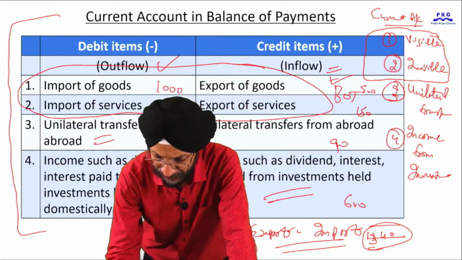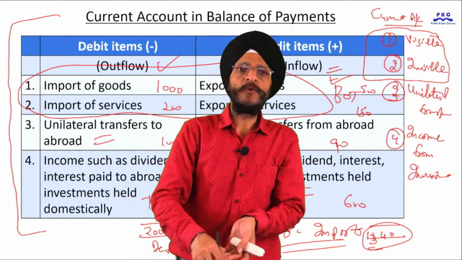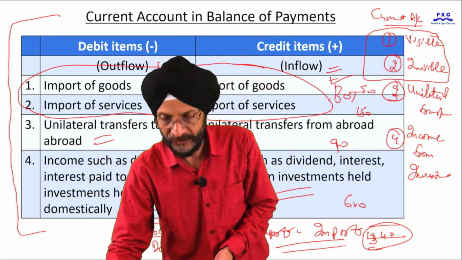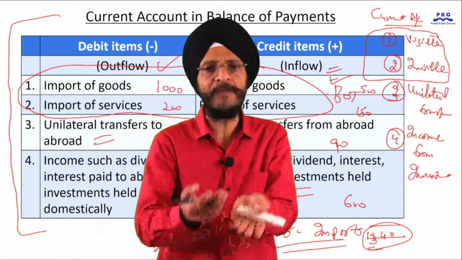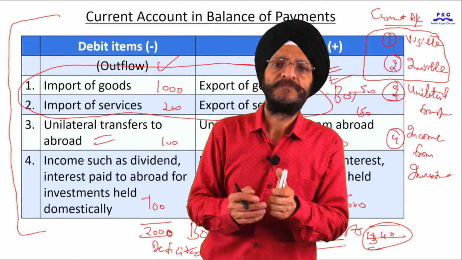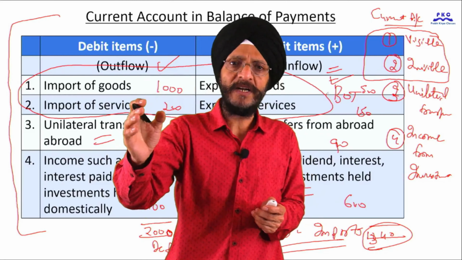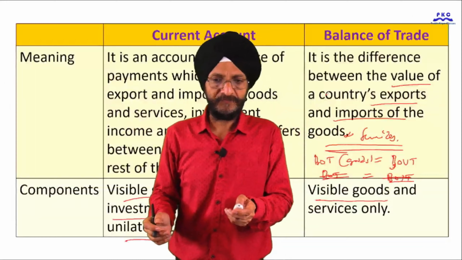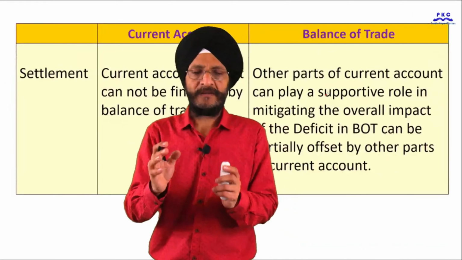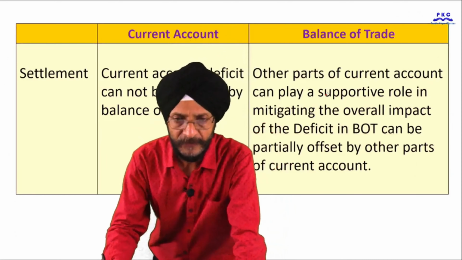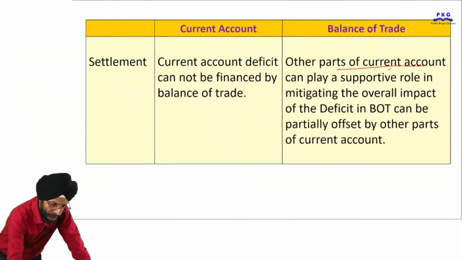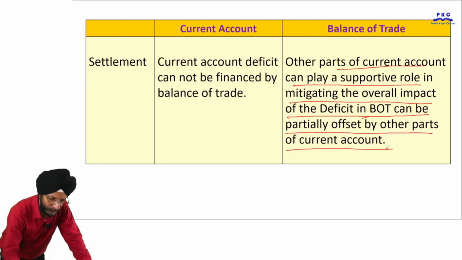So the deficit in the current account cannot be met by balance of trade, because balance of trade is itself a part of current account. But if there is deficit in balance of trade, other parts of the current account can play a supportive role in mitigating the overall impact, and the deficit in BOT can be partially offset by other parts of the current account.